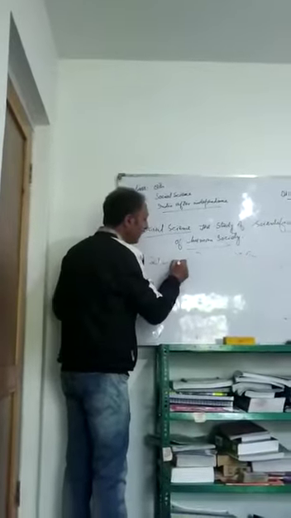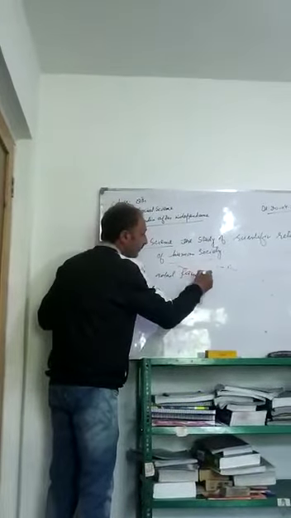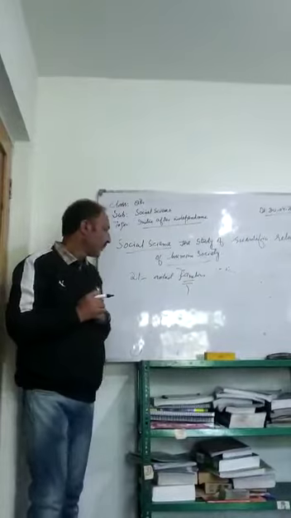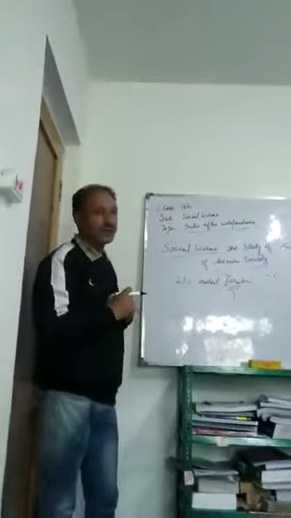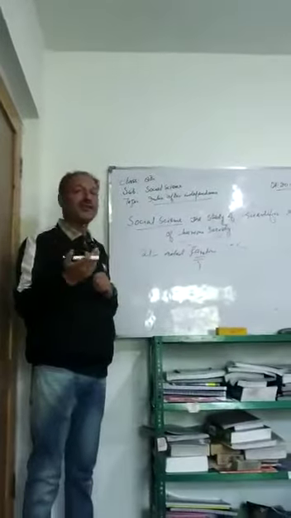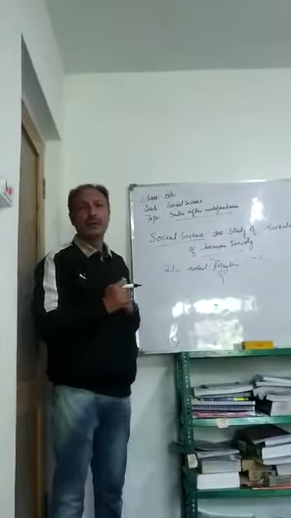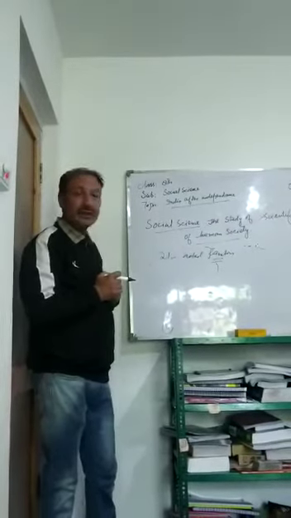That was the adult franchise, which means a person who has crossed the age of majority, at that time 21 years, can cast his vote and choose his representative. At this time, the age of majority is 18 years.